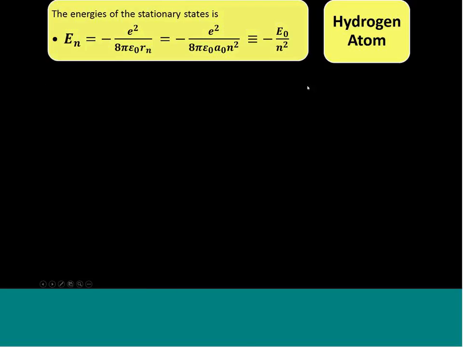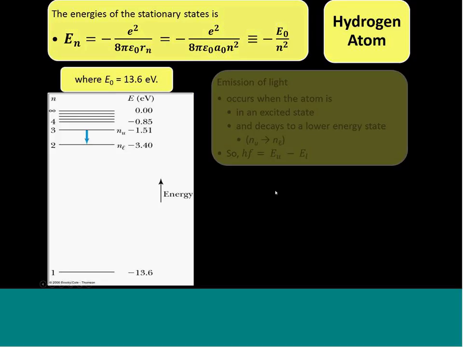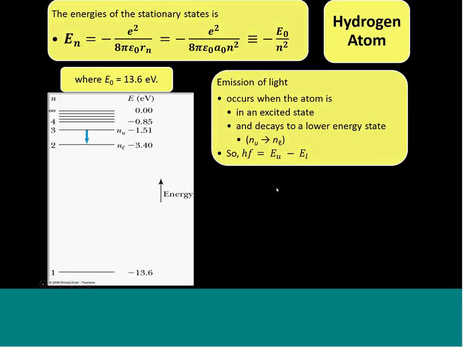Ini equation yang kita dah buat sebelum ni. Emission of light from an excited state and then to a lower energy state.